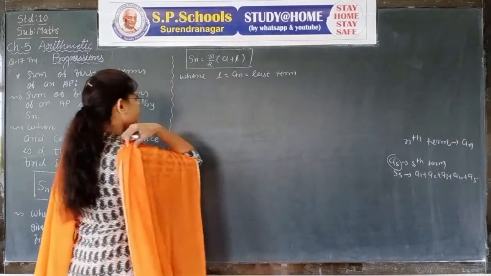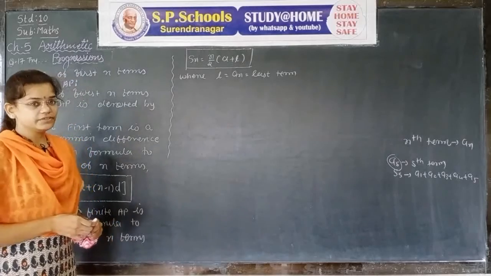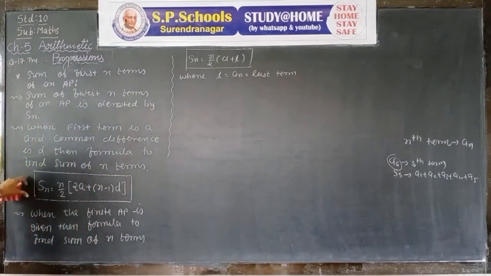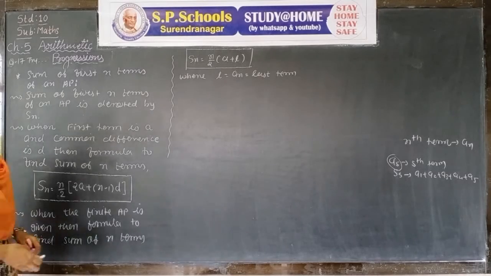It is a very useful formula, but it is used whenever a finite AP is given and we know the last term. Otherwise, we can use the first formula, Sn equals n upon 2 into bracket 2a plus n minus 1 into d.